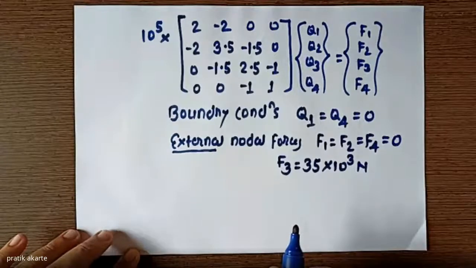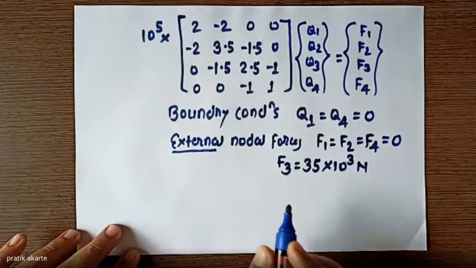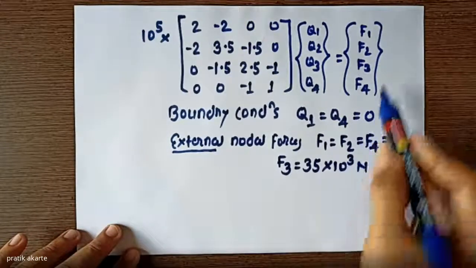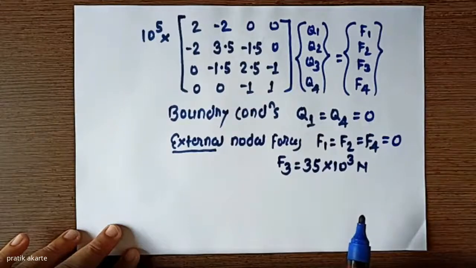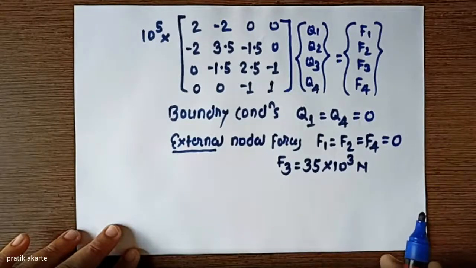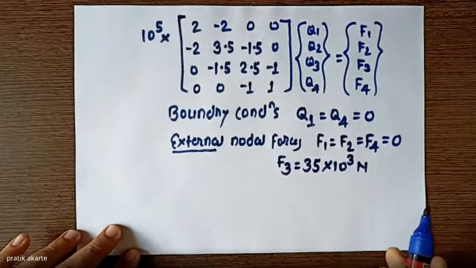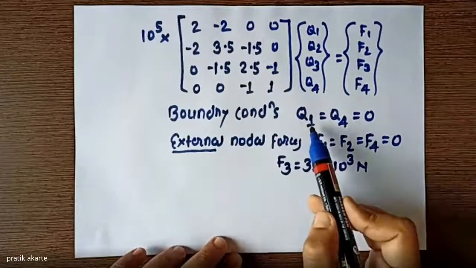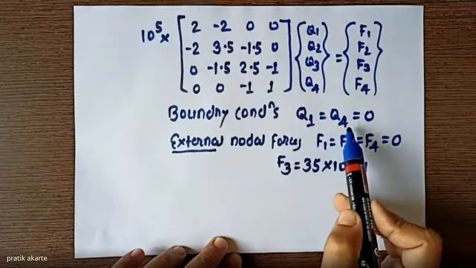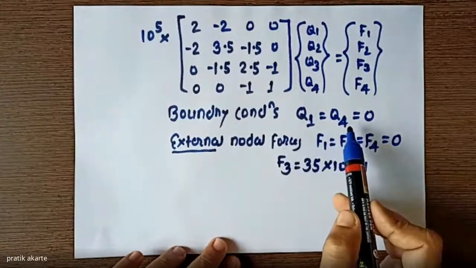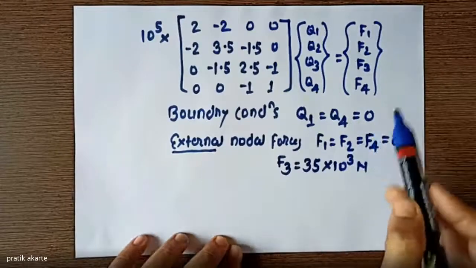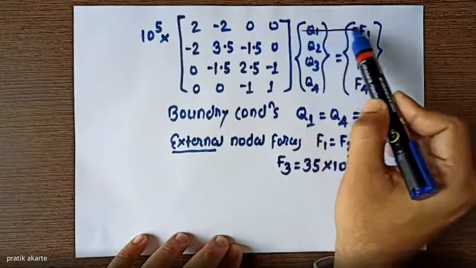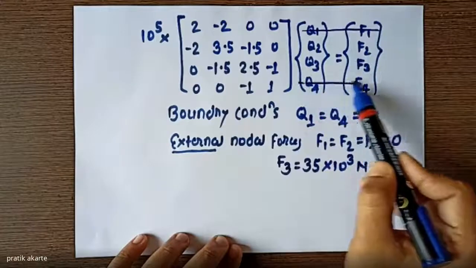Okay. So writing the forces into this equation, first we eliminate the respective rows. Now pay attention. Since Q1 and Q4 are 0, that's why we are eliminating this Q1 and Q4.